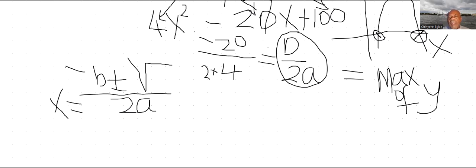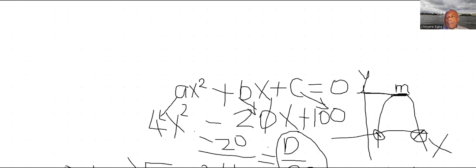There are two different formulas. When you're looking for the max of Y, you use minus B over 2A. When you're solving for X, you're going to get two values of X. You use this formula, minus B plus or minus the square root. Now, like I showed you here, you see the maximum value of Y. There's only one maximum.